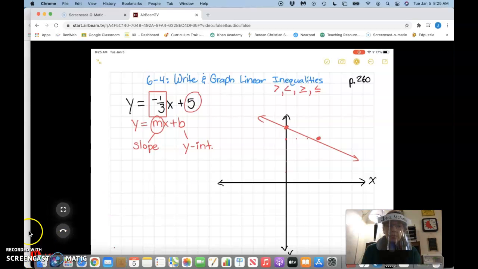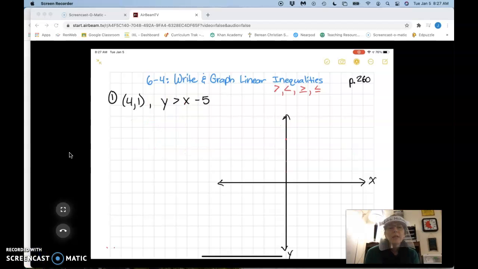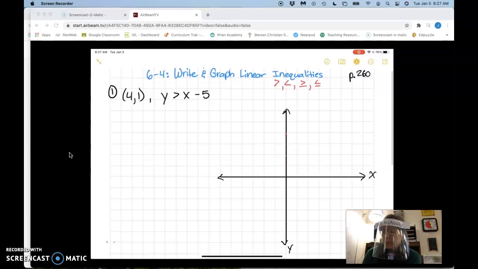For this first section, it's asking us to tell if this ordered pair is a solution for this linear equation or inequality. So I have to plug in my ordered pair that they gave me. I'm going to label it xy, and plug it right into that formula and see if the formula is true with those two numbers in it.